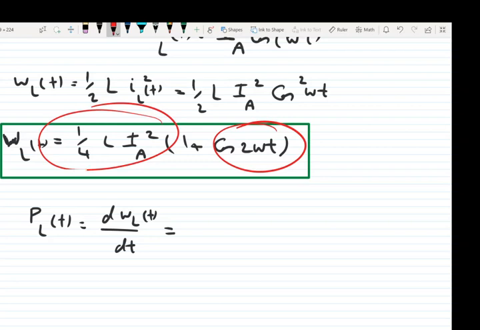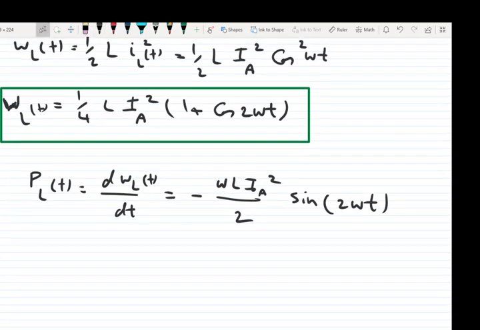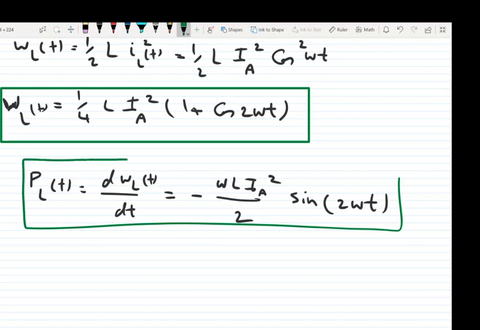For the first part, because it's a constant, the derivative is 0, so we will have power equal to negative omega L Ia square over 2 sine of 2 omega t. So we have the power and energy in an inductor.